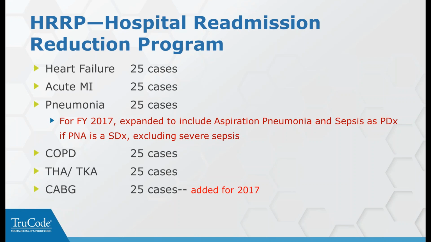That would include, however, severe sepsis cases. Then you also see COPD as a focus of this program. The hip and knee replacements are a focus of the program, and they have added for 2017 CABG cases, patients that have had bypass grafts with coronary artery disease.